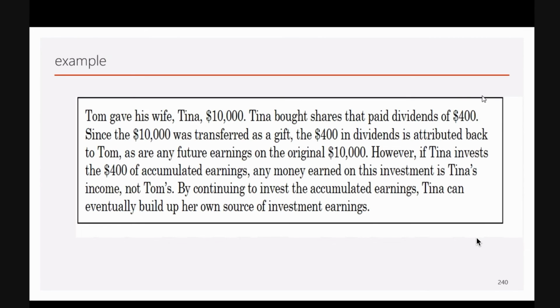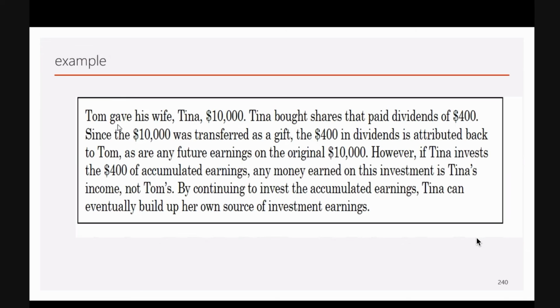So we just discussed, does Tom report that 400 or does Tina report that 400? That's the attribution rule, still the attribution rule. Since that 10,000 was transferred as a gift, the 400 dividend is attributed back to Tom.